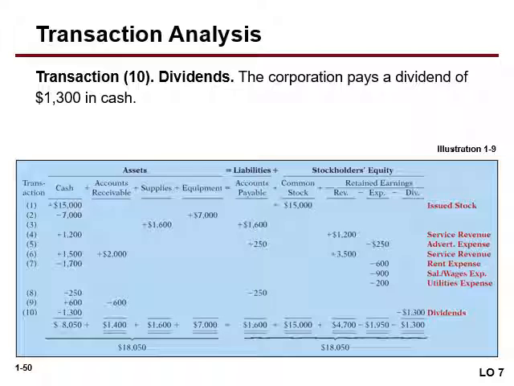After all these 10 transactions, the total amount of the left side under assets equals the total amount of the right side under liabilities and stockholders' equity.